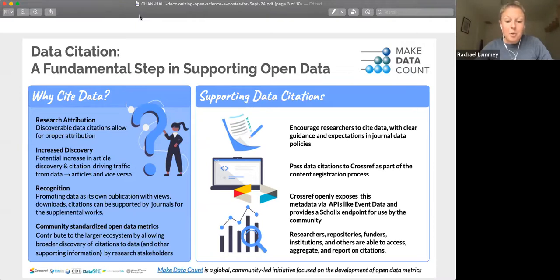From the Crossref side, we openly expose the metadata via APIs like Event Data, and we provide a ScholX endpoint, which provides the data in a standard framework for use by lots of different stakeholders. So that means that researchers, repositories, funders, institutions, and others are able to access, aggregate, and report using open data on these important research outputs.